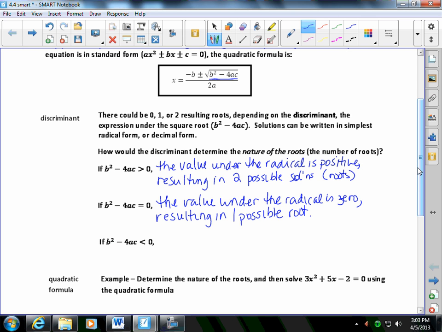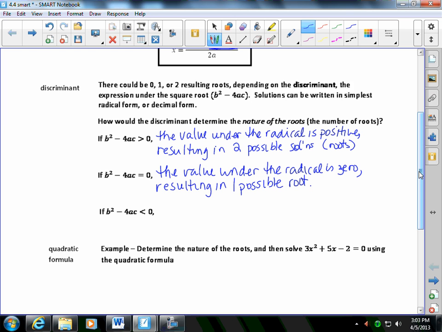If when you solve b squared minus 4ac it's a value less than 0, so that means there would have to be a negative value, then that means there is no solution because you can't do the square root of a negative number. And that was in a couple of the examples that we did in the other sections.